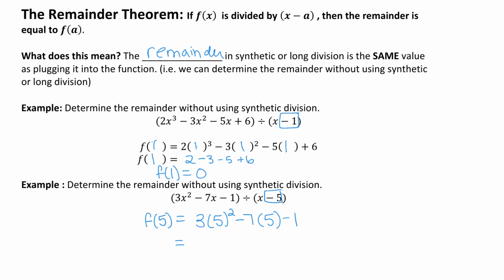Well, 5 squared is 25. 25 times 3 is 75. -7 times 5 is -35, and then minus 1. So 75 minus 35 is 40. 40 minus 1 would be 39. So my remainder, when I divide by x minus 5, my remainder would be 39.